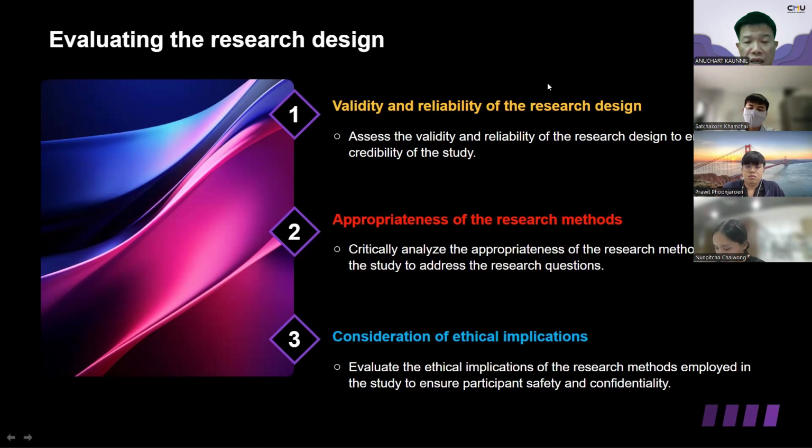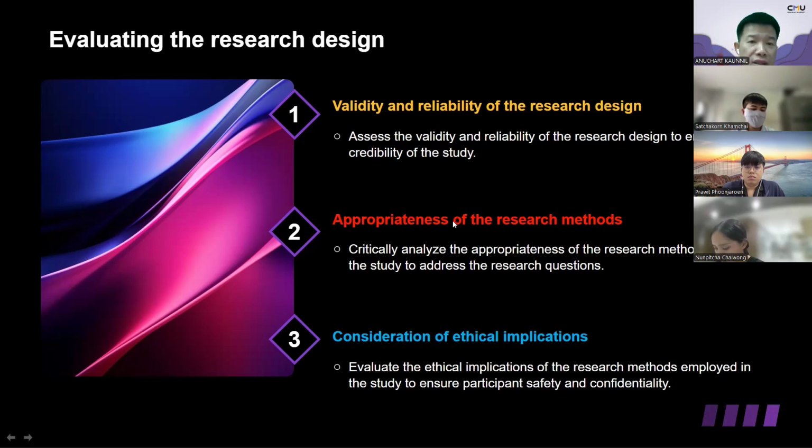The third consideration is ethical implications. This is to evaluate again the ethics of the method employed in the study, to ensure participant safety and confidentiality are kept and covered, and that it does no harm to the client or participant in OT.